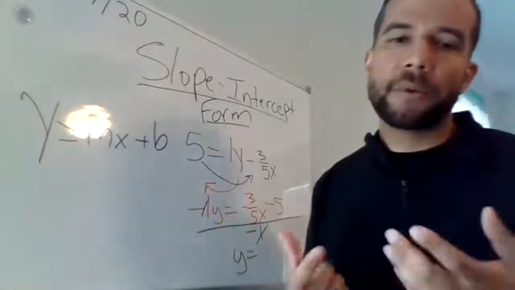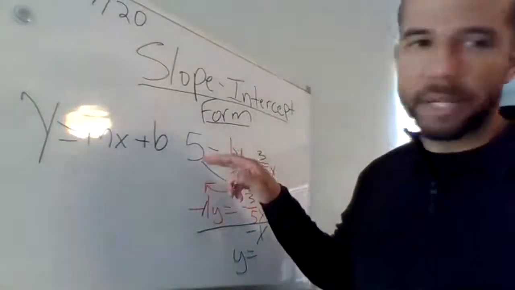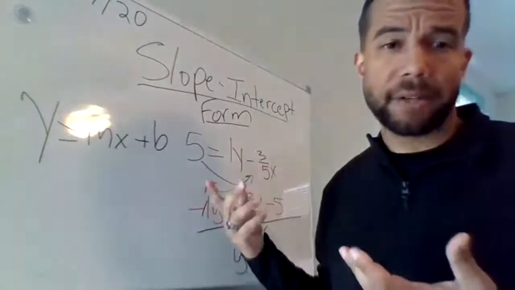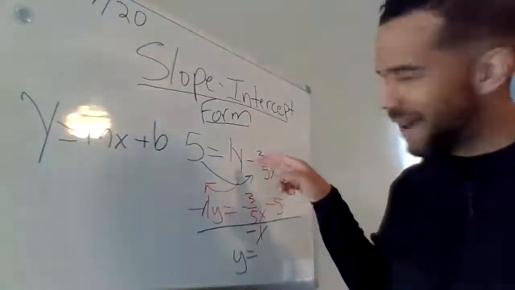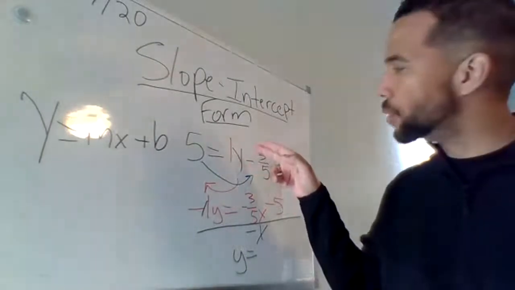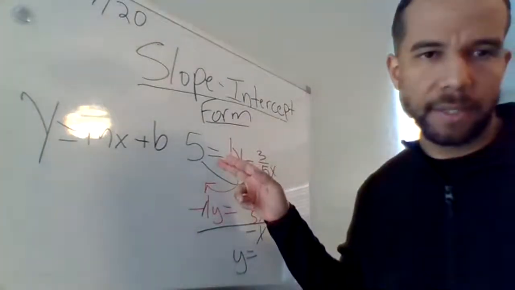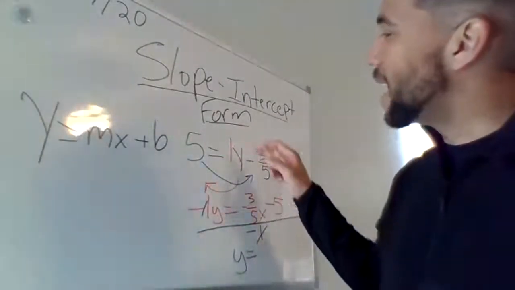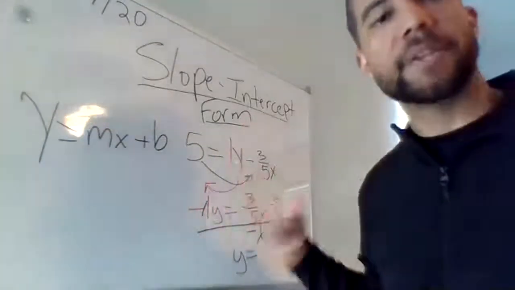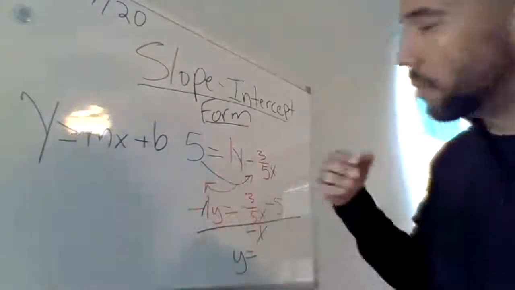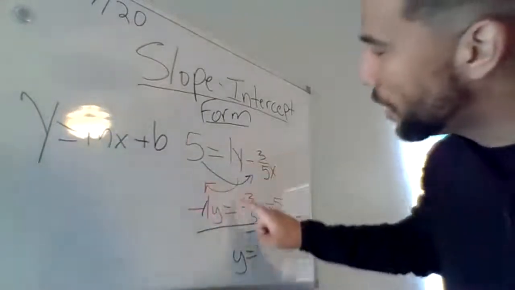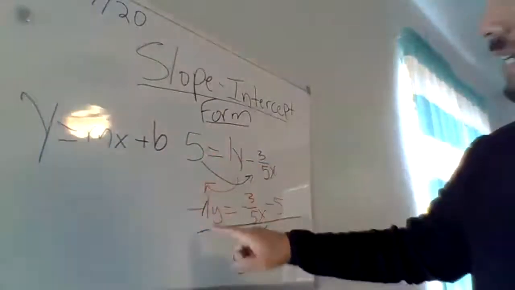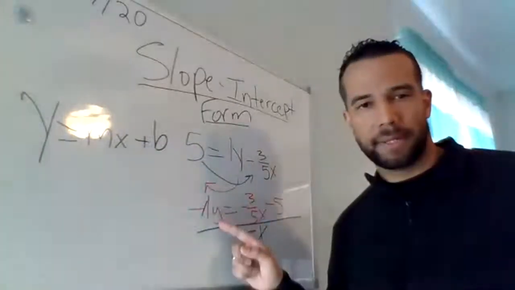There's a couple of things we always know. We always know a whole number is over one. A whole number is a fraction. We also know it's a decimal, etc. We also know that anytime we have a variable, there's always a one in front of it. Now, there may not necessarily be a one written out, but there is a one that's there. So, an easy way to think about this problem, we move the one across the equal sign. That's going to make it a negative one.